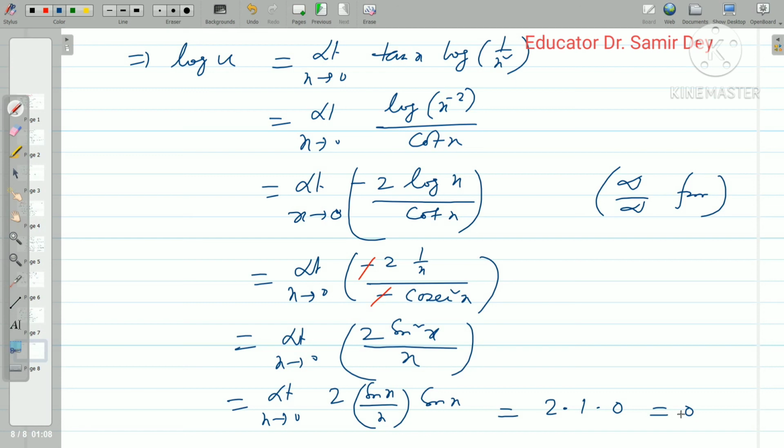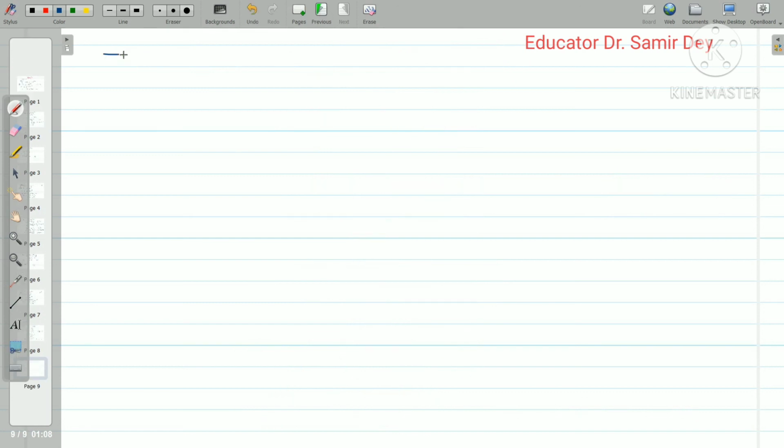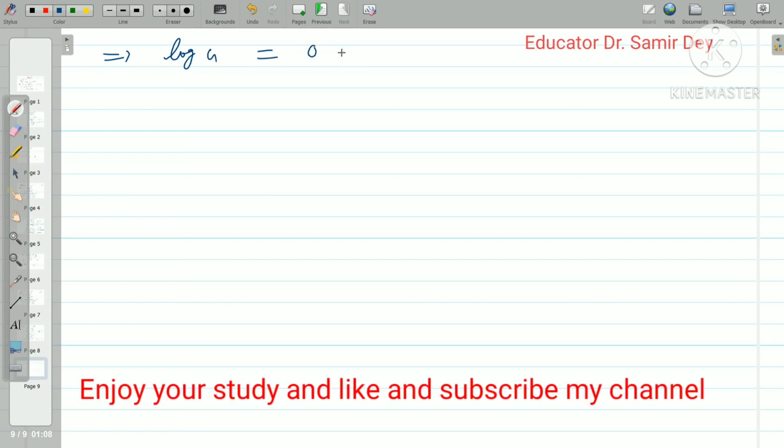Okay, so from here you may write that this implies log u is equals to 0, is equals to log 1. So from here you may write u is equals to 1.